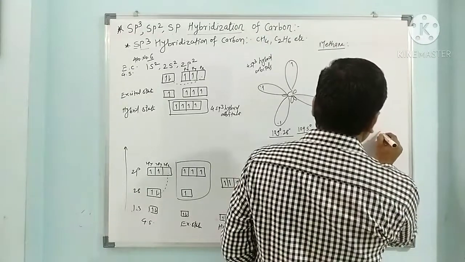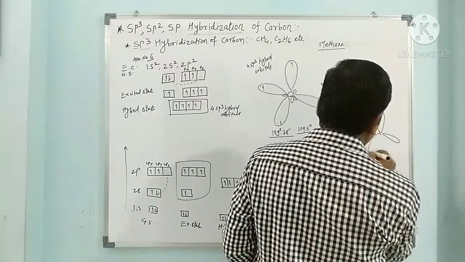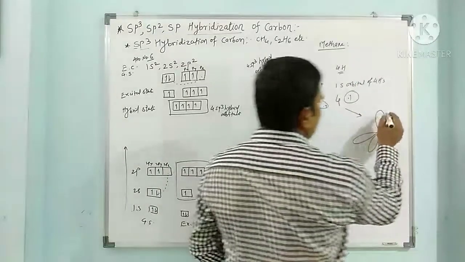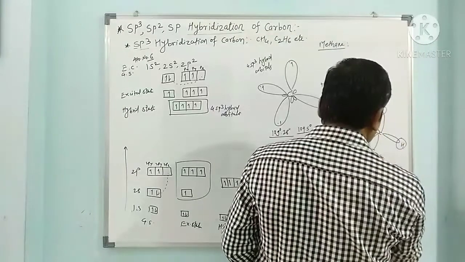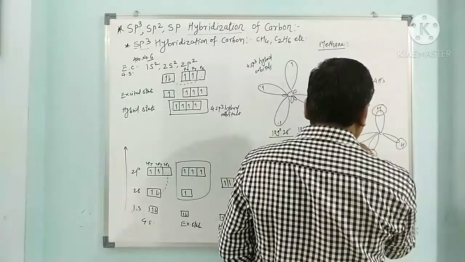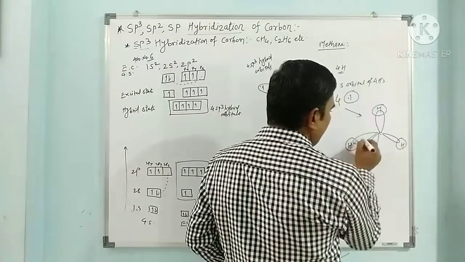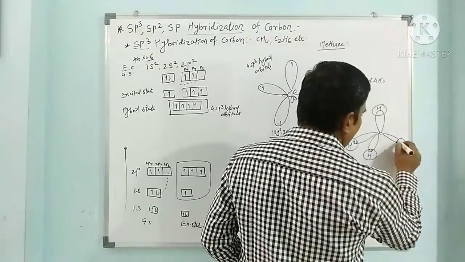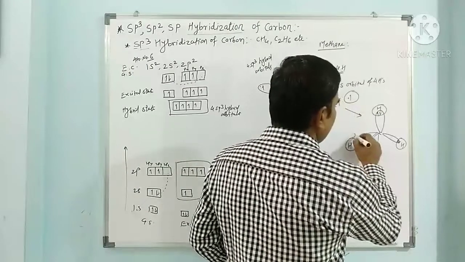So here carbon overlaps with this hydrogen. In this way, 1 electron from hydrogen and 1 electron from the sp3 hybrid orbital overlap and form a sigma bond.